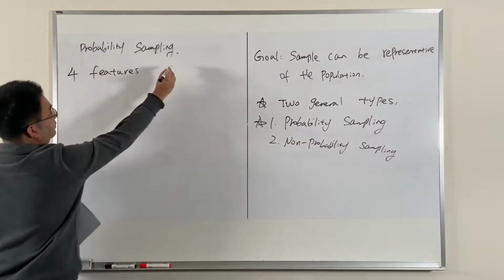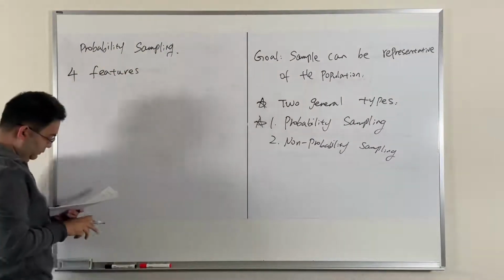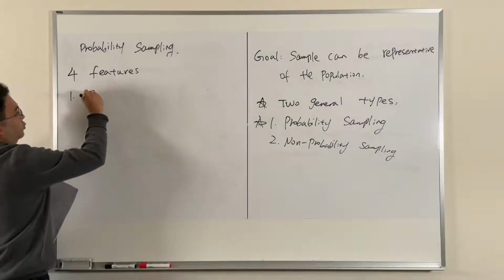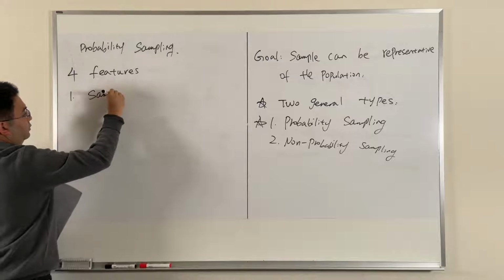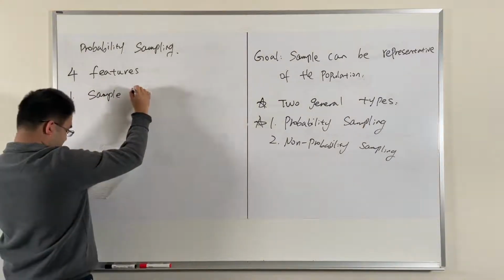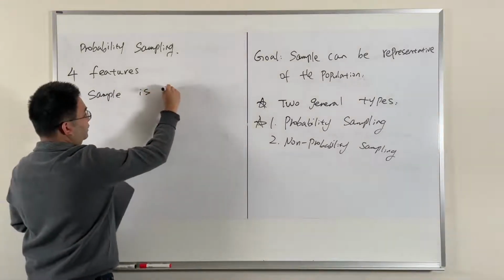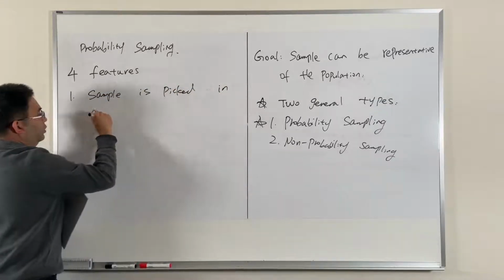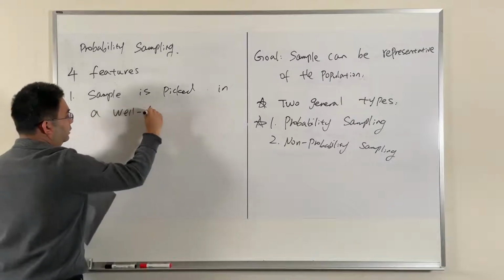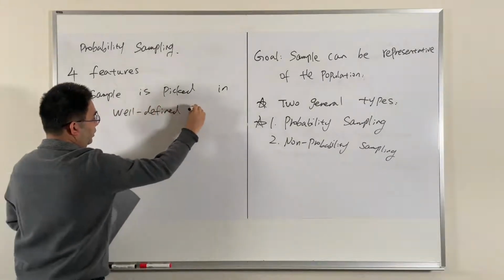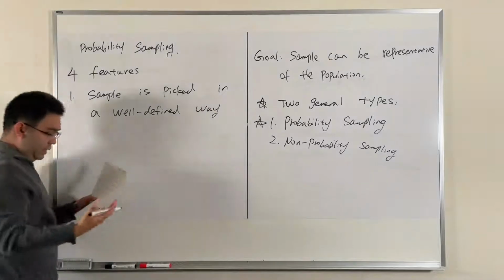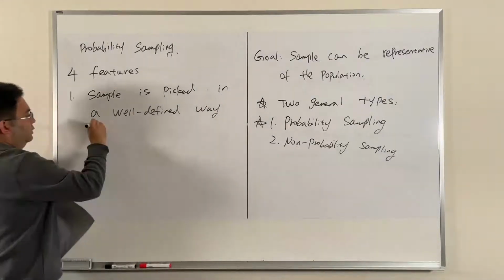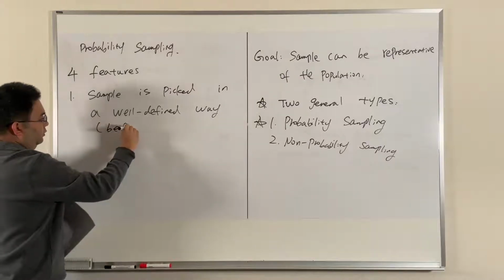The first one is your sample is picked in a well-defined way. And this well-defined way has to be before your sampling. So you're not changing as you do the sampling.